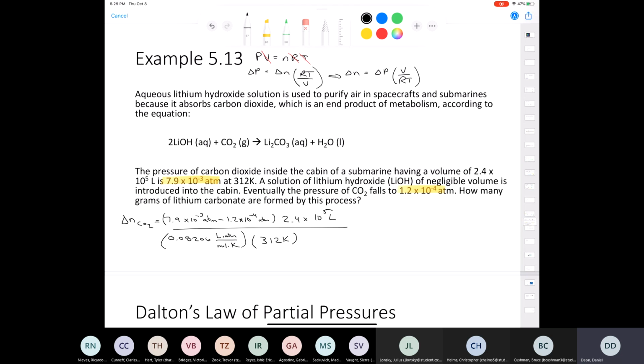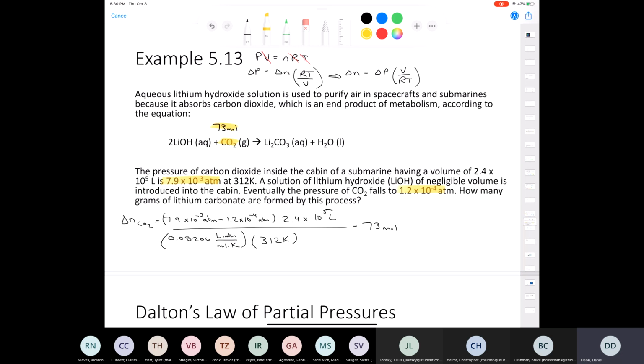Now, there's a lot to punch into your calculator there, depending on if you have a scientific calculator or a Texas Instruments or whatever, but you end up with the amount of carbon dioxide that gets consumed is 73 moles. That means you consumed 73 moles of carbon dioxide when you introduce that lithium hydroxide into the cabin of the submarine.